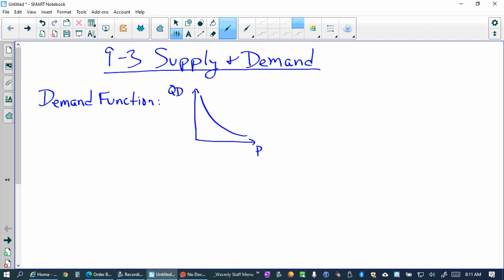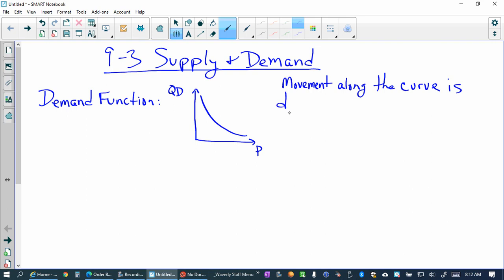And so when price changes, we move along the curve here, right? The curve can shift too. But as with any science, you take science classes, right? You do experiments. You only want to investigate one variable at a time to see how that changes things, and you want to eliminate all the other variables to make sure you know what that variable does specifically. So movement along the curve is dependent on price only.